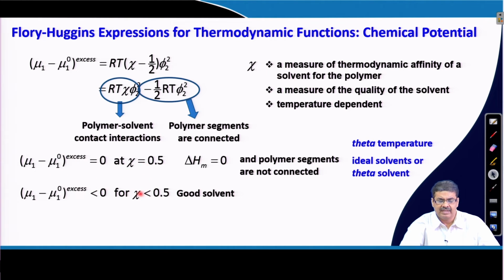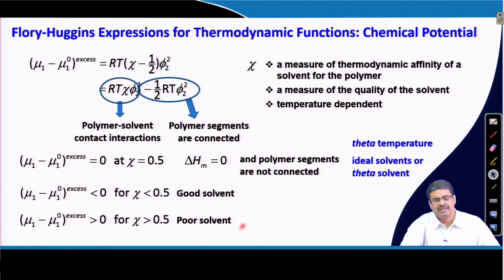If chi is less than half, then these terms become negative, which means the solvent is a good solvent, better than the ideal solvent. If it is greater than 0.5, then this term becomes positive, so the solvent is a poor solvent, that means the solvent is not as good as the ideal solvent, and the solubility of the polymer decreases compared to the ideal case.